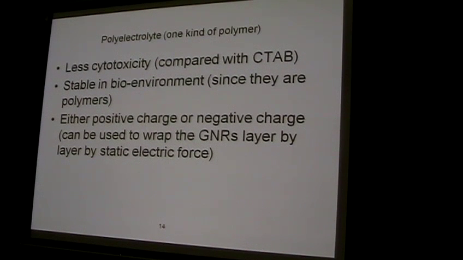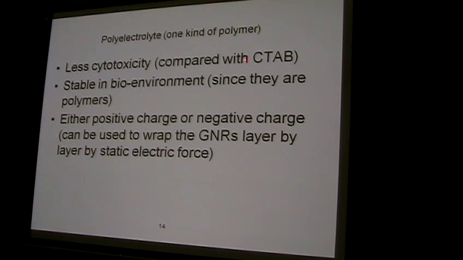And for biomedical applications, we need to do surface modification and bioconjugation for these gold nanorods. So we need to coat them with either polymer or silicon oxide. Here, one example I show is using polymer to coat these gold nanorods and reduce the toxicity to the cell.